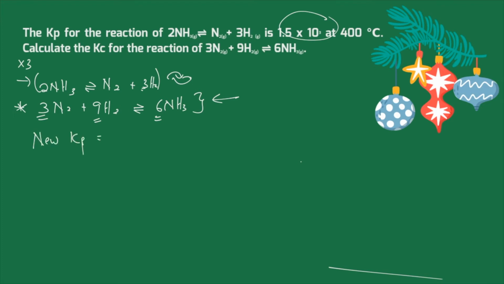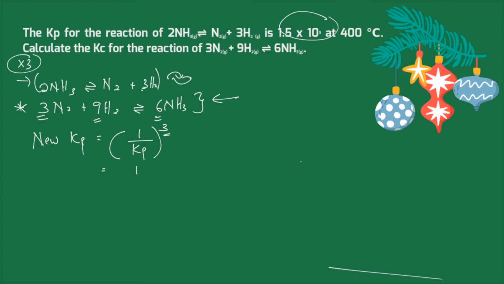The concept is that because you are swapping the sides of the equation, the Kp is 1 over the original Kp. And because you multiplied the equation by 3, whatever you multiply by, you need to raise to that power. Since you multiplied by 3, it is to the power of 3.